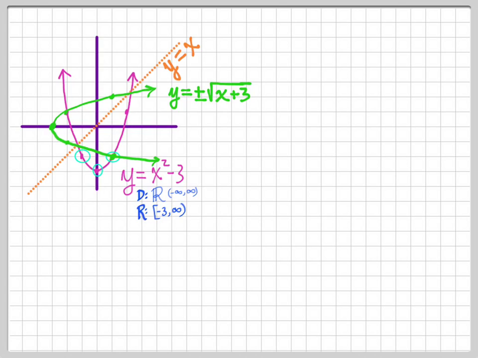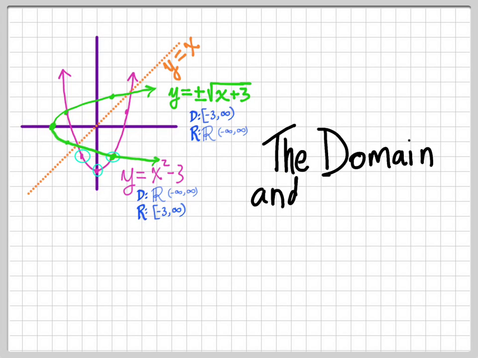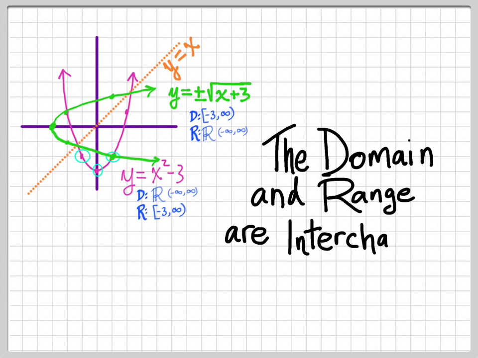And I put the equation there, y equals plus or minus the square root of x plus 3. You don't really need to worry about that. Don't get troubled by that equation. I just put it in there to be complete. But the important thing is the domain and the range are interchanged. Now the domain goes from -3 to infinity, and it's the range that's all real numbers. Okay? So you can see that, once again, the domain and the range are interchanged.